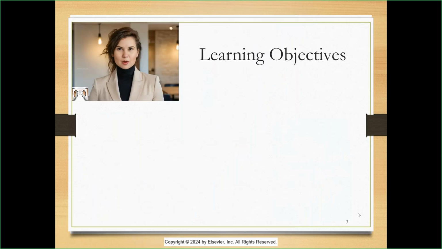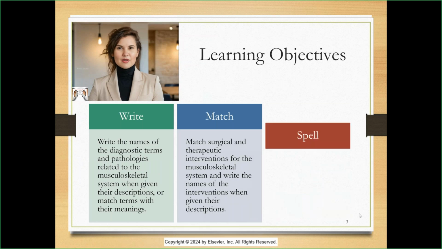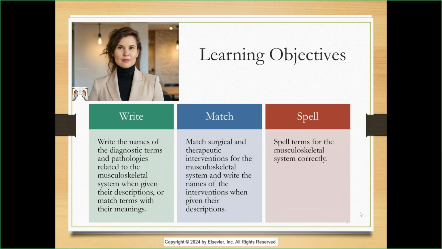We will also be able to write the names of the diagnostic terms and pathologies related to the musculoskeletal system when given their descriptions, or match terms with their meanings. Match surgical and therapeutic interventions for the musculoskeletal system and write the names of the interventions when given their descriptions. And spell terms for the musculoskeletal system correctly.